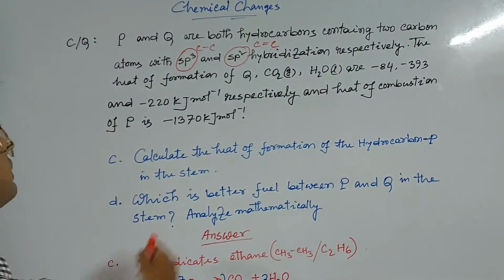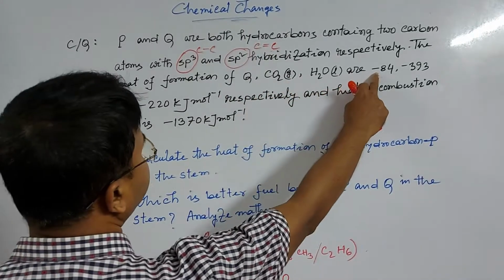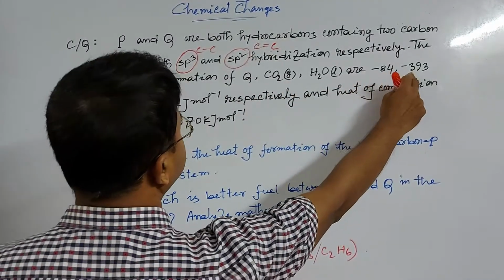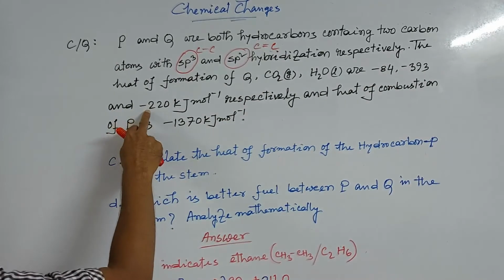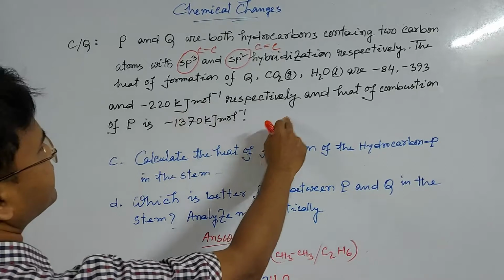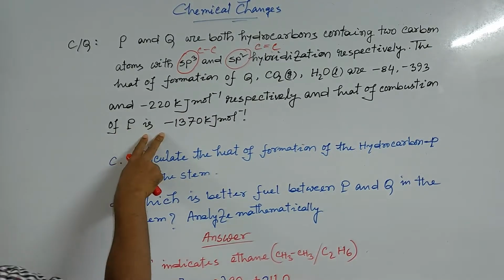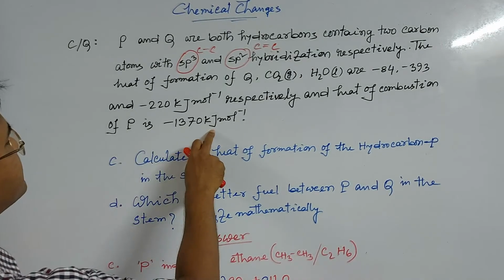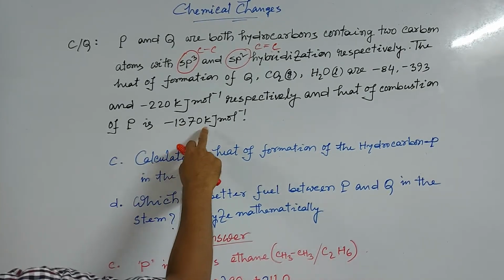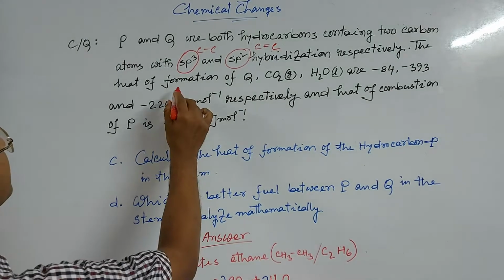The heats of formation of Q, carbon dioxide, and water are 84, minus 393 and minus 220 kilojoule per mole respectively. The heat of combustion of hydrocarbon P is minus 1370 kilojoule per mole.